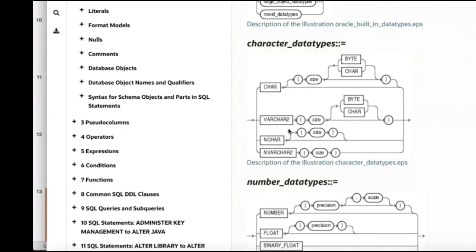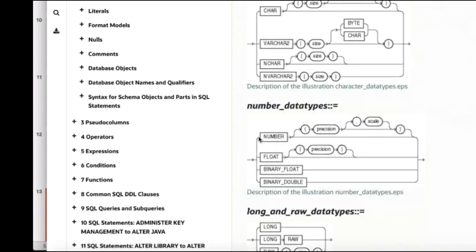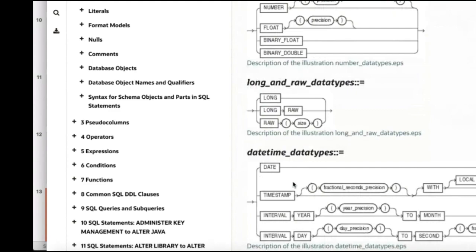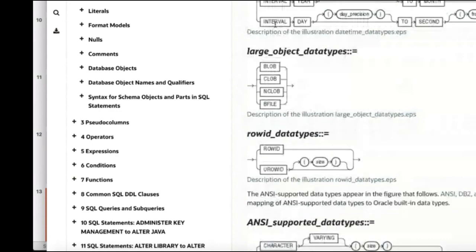Maybe these are the newer data types, which were not in the previous one, so that's why you don't see them in the slides. Similarly, the data types are number, float, binary double. So we see, mashallah, some new data types here as well. Some of these were available previously also, but I didn't mention them just to make it simple for you in the slides. So if you want to see all of them, then you can see them here.